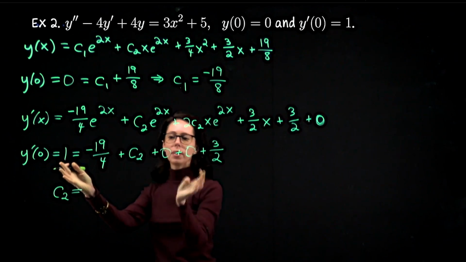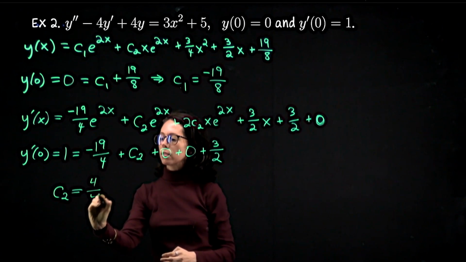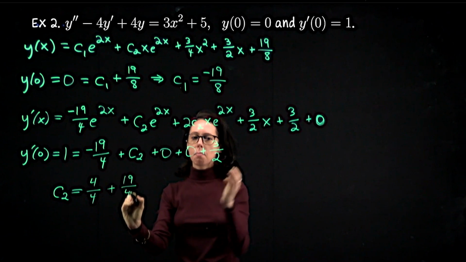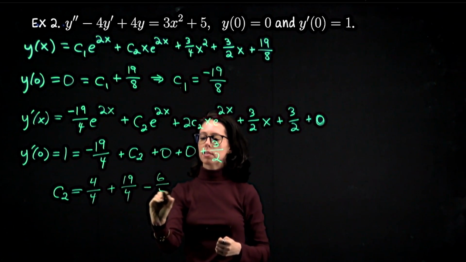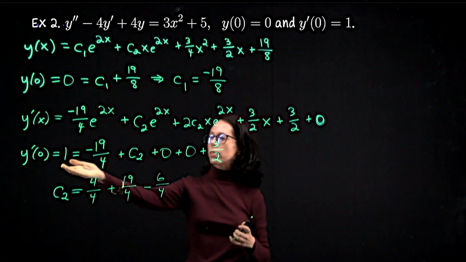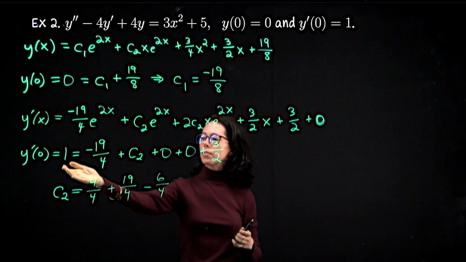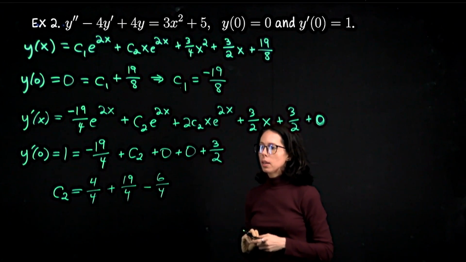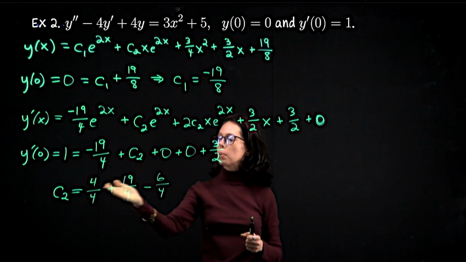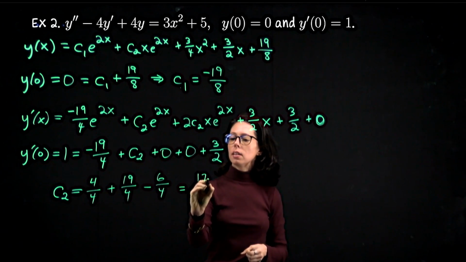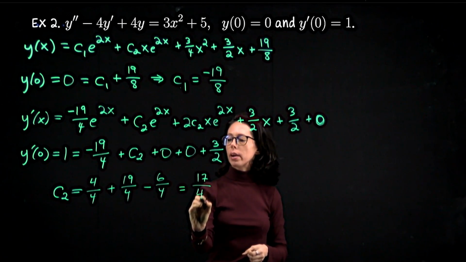So let's see, move these over. 4/4 plus 19/4 minus 6/4. Okay, so I moved the 19/4 over, I moved the 3/2 over, and then I gave everything a common denominator of 4 so that I can say that 4 plus 19 is 23 minus 6 is 17. So overall C2 is 17/4.